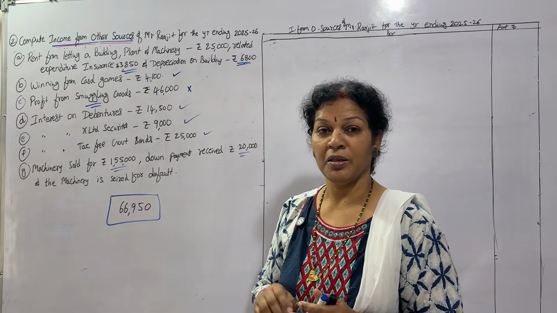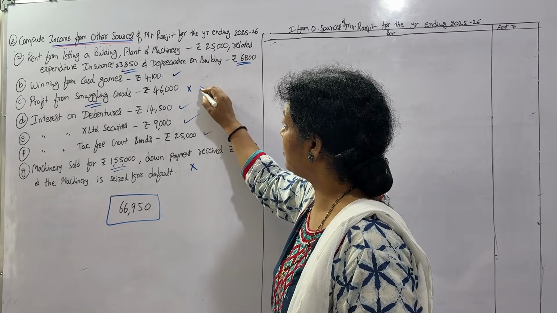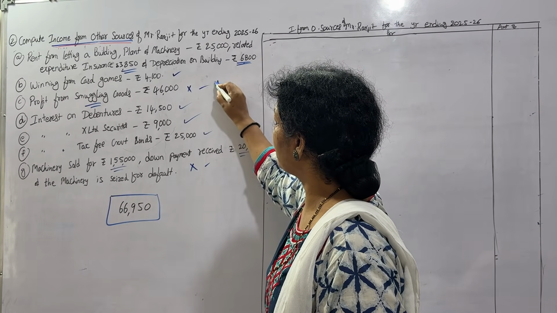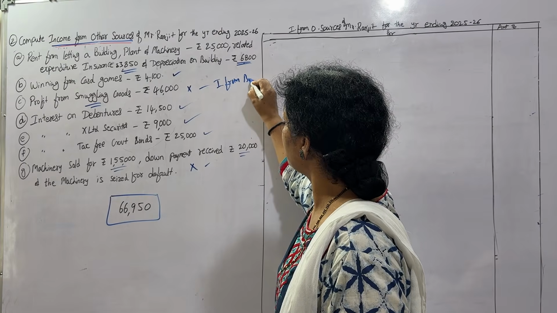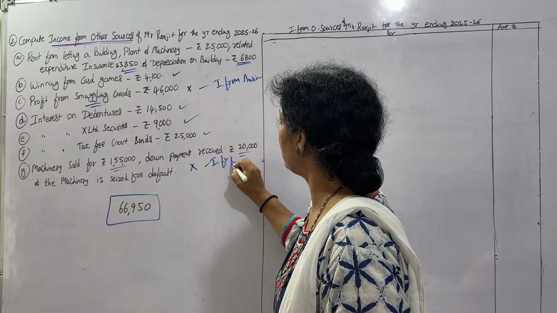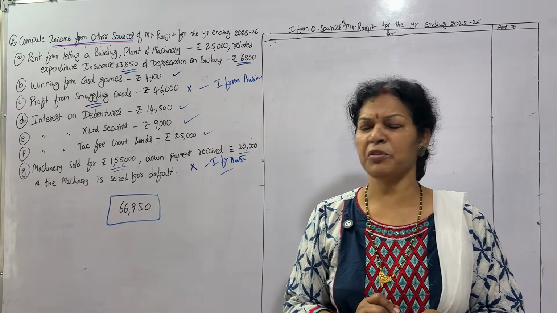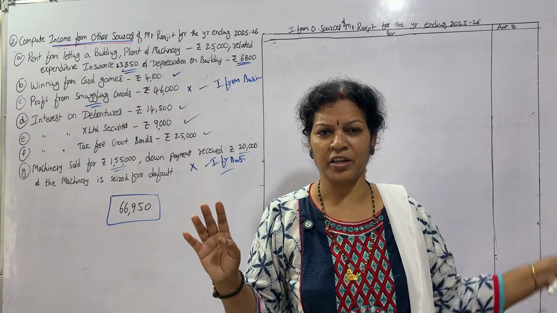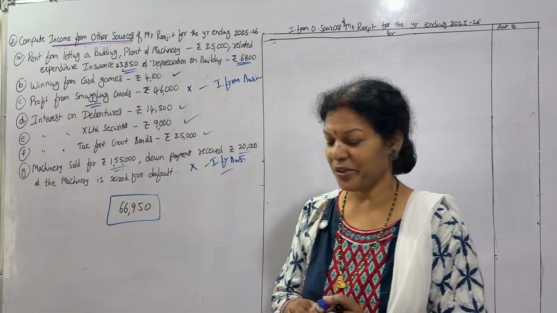But this is income from business, so we don't consider. Both the transactions are income from business, so that is the reason we don't consider. Rest of the problem is normal, I explained. Write it and work out. The total must be this. Now check it out, I'll work out.